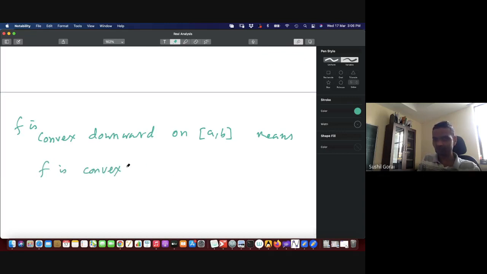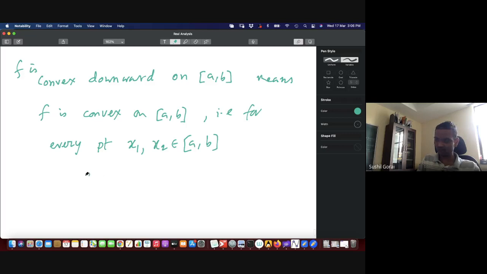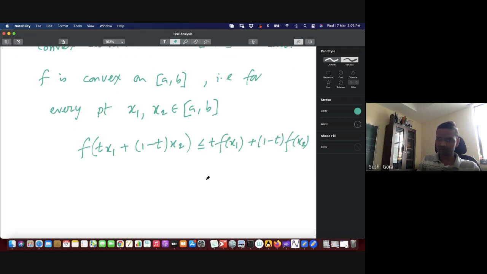So the convex function we have defined on [a, b]: for every x1, x2 in [a, b], f(t x1 + (1 - t) x2) is less than or equal to t f(x1) + (1 - t) f(x2) for all t in [0, 1].